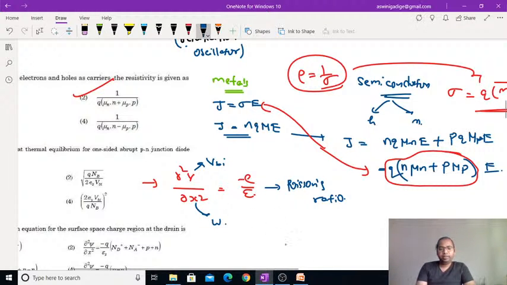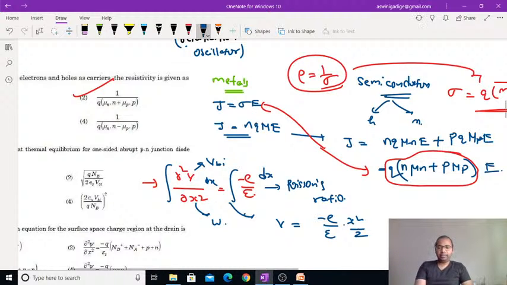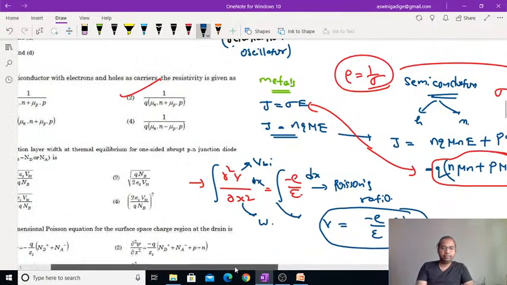And so coming to this expression, if you integrate both the two sides with respect to dx, two times, then I will get V is equal to minus rho by epsilon times x square by 2. Okay, I will get like this. And from this expression, actually what they are asking is width, right?